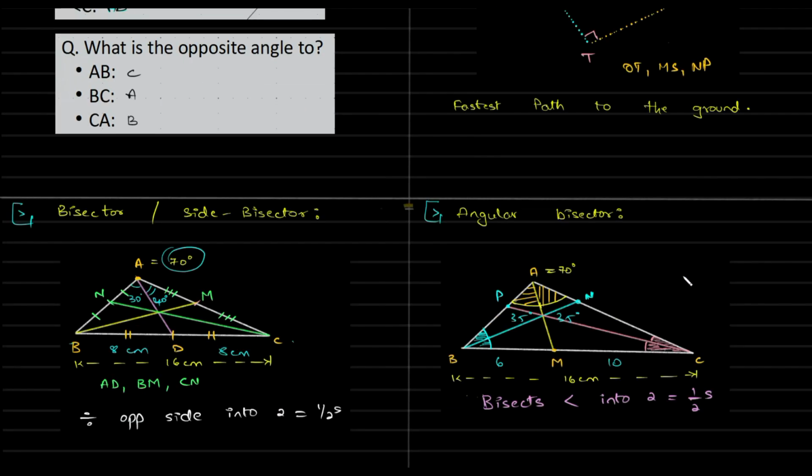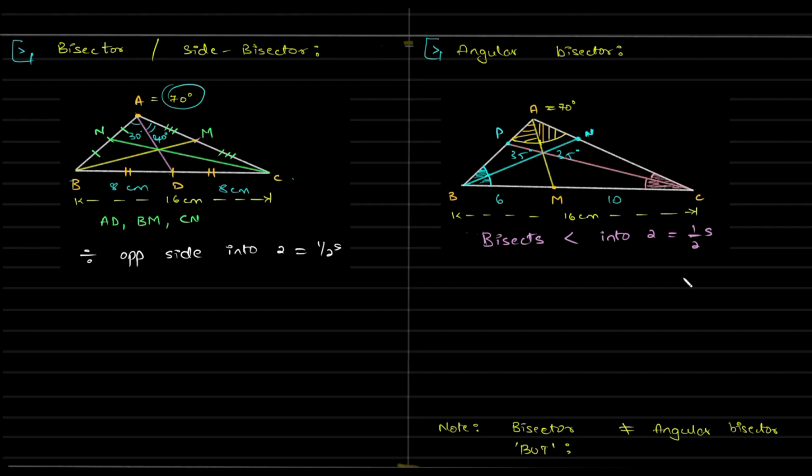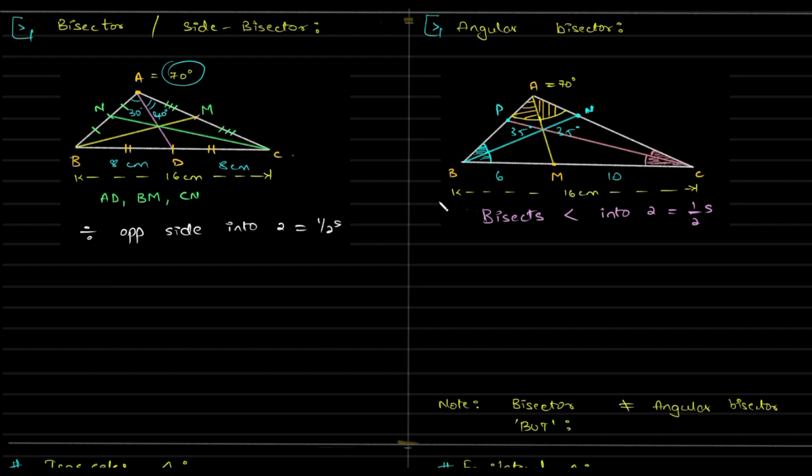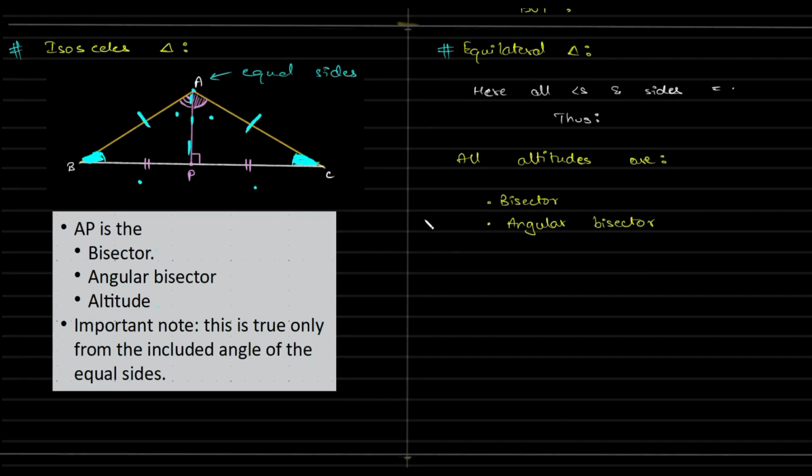Okay. Next is your bisectors, angular bisector and your side bisector. They need not be the same, but they become the same in an isosceles triangle from the vertex containing equal sides and for an equilateral triangle with respect to all the sides and angles and everything.